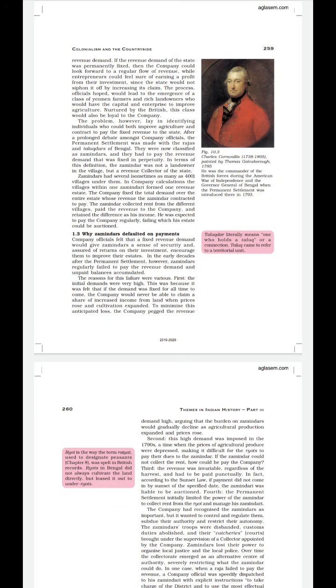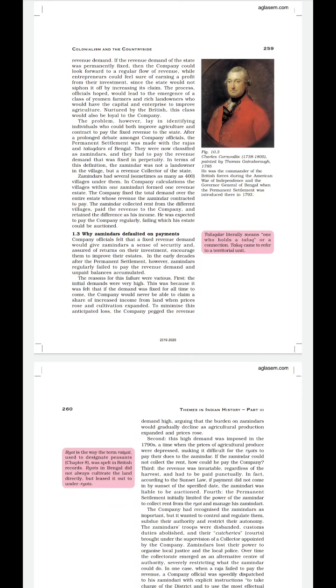Clear? And an officer of the Jamindar was known as amla. What was their task? They used to go to the village and collect the tax. Sometimes, due to bad harvest and low prices, payment of the tax was difficult for the ryots.